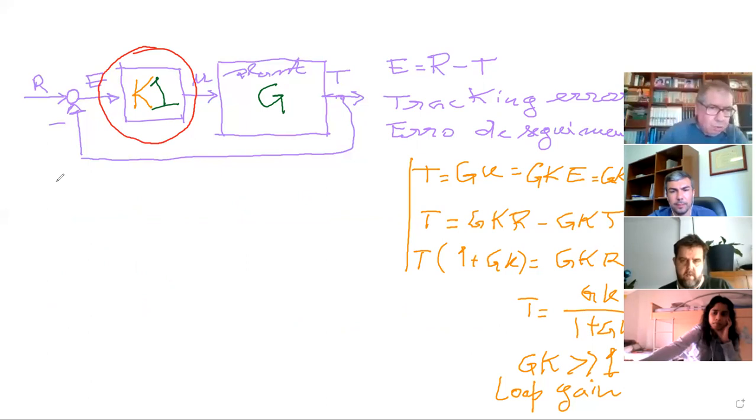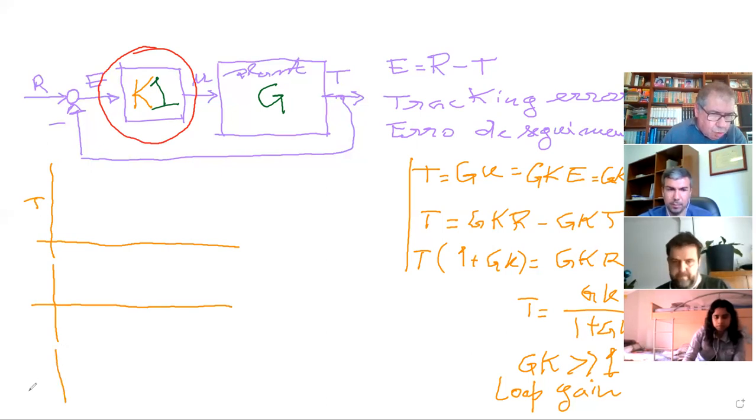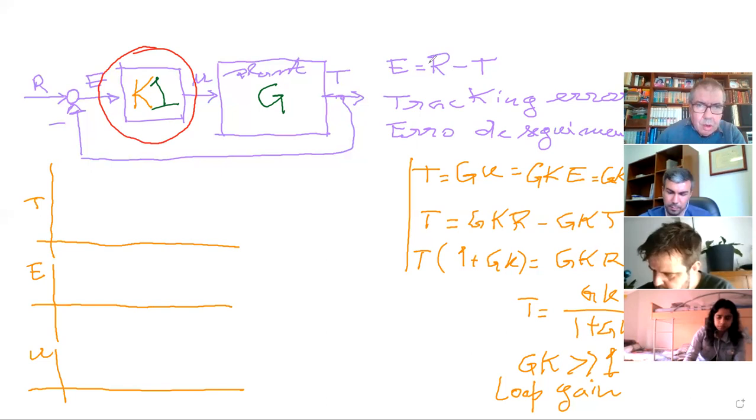And let's do our plotting. So we have the temperature, and we have the reference temperature. And we have the error, and we have U. We have our reference.